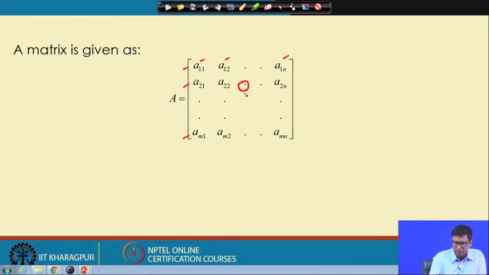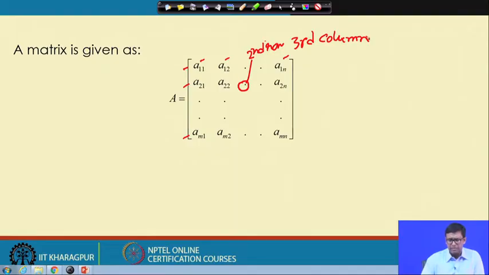For example, this number goes to the second row and the third column. So, each entry inside the matrix has a unique identification based on its row and column.